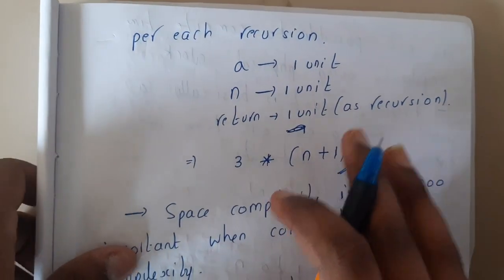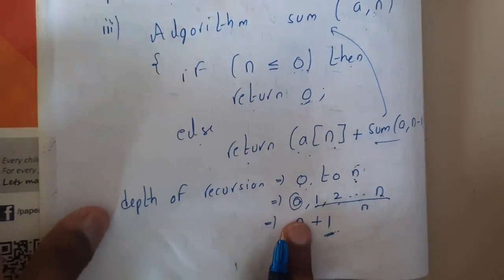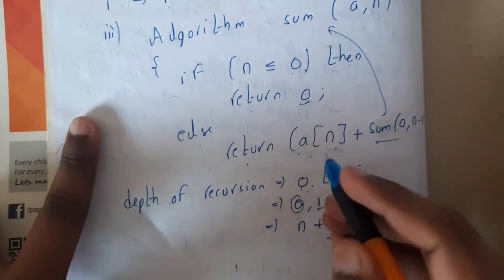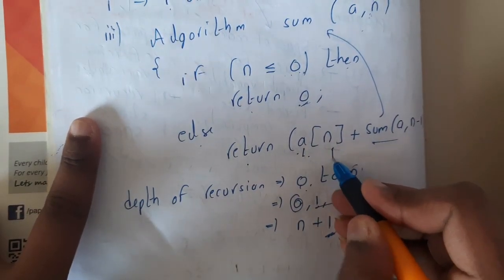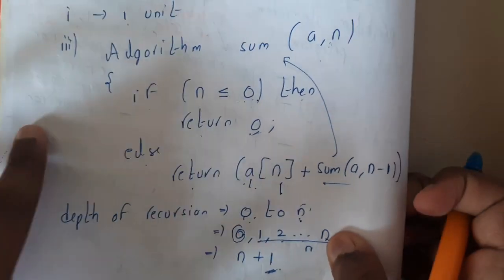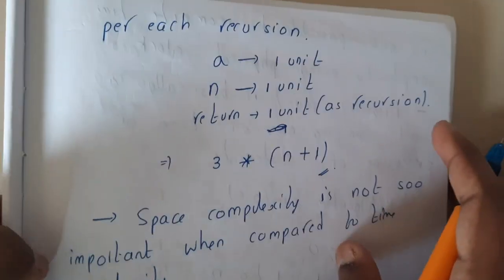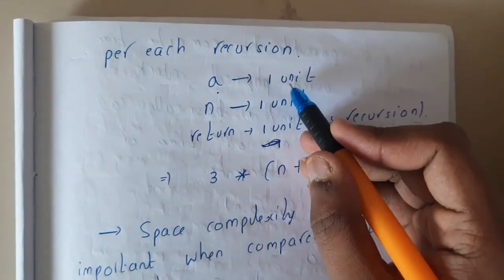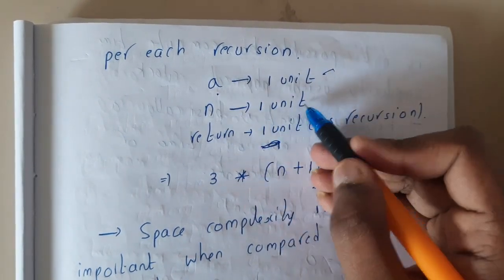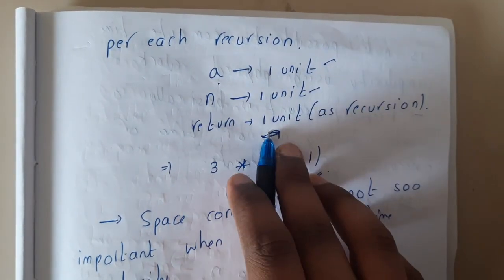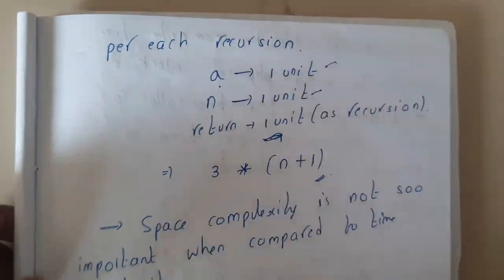Okay. Similarly, what is happening inside the recursion? Okay. So inside the recursion we are having a, n, okay, and a and n. Okay. So we will be considering the a will be carrying 1 unit and n will be carrying 1 unit and return will be carrying 1 unit because it is used to return, right?